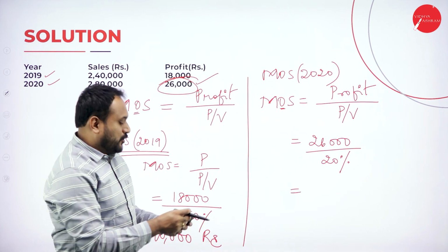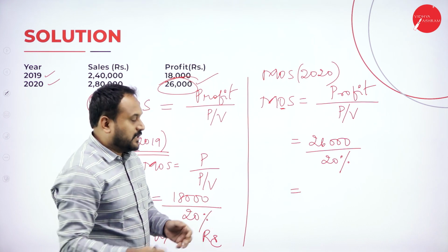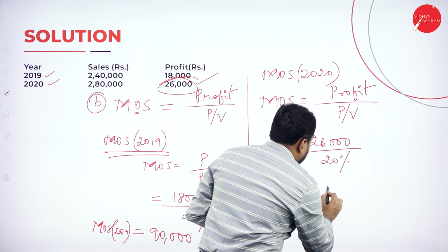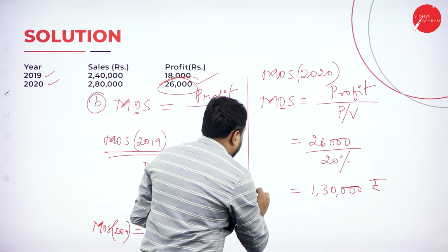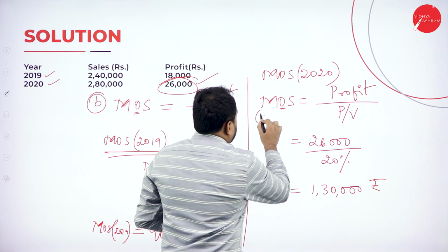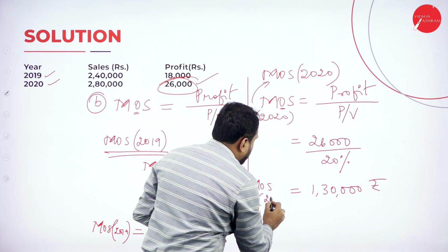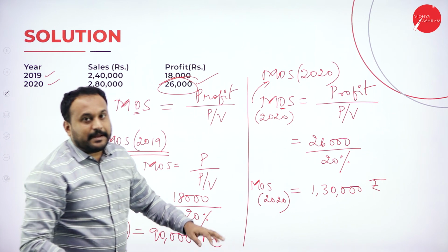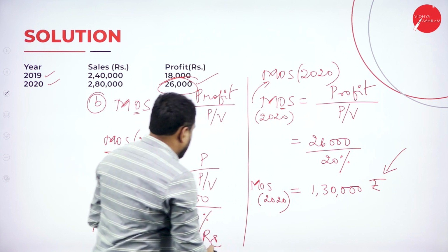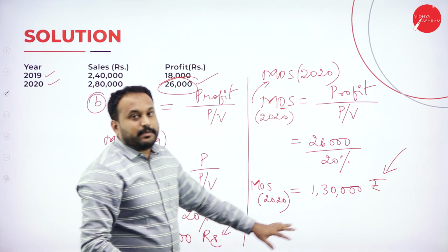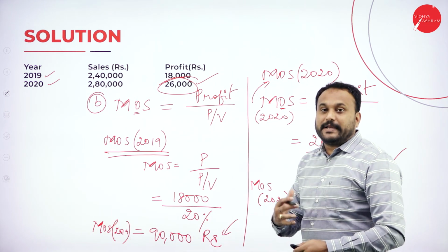Let's calculate this: 26,000 divided by 20% is 1,30,000 rupees. So this is my MOS for 2020, which I have written here. The minute I am done with it, I get marks. Without writing the symbol for rupees or writing Rs, this will be considered not a valid answer. So write rupees or the rupee symbol.